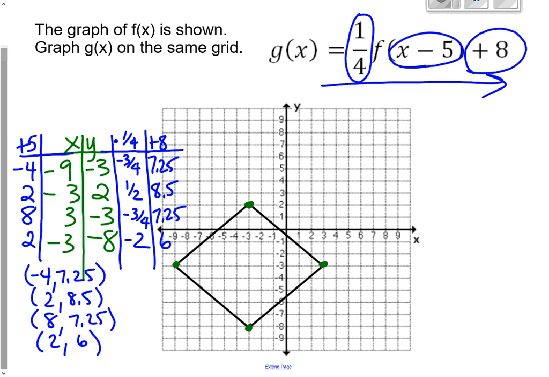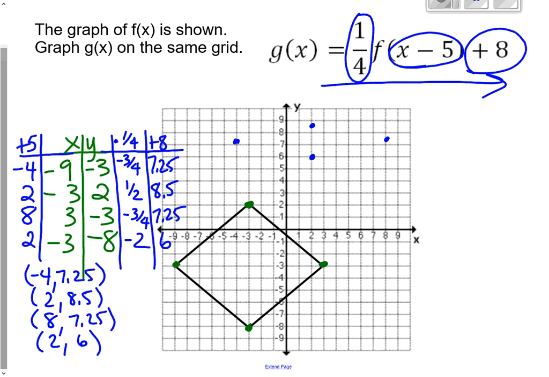Okay. All right, let's begin. So negative 4 and 7.25 is about here. And 2 and 8.5 is here, and 8 and 7.5 is here, and 2 and 6 is here.